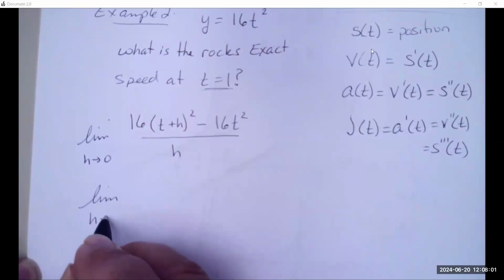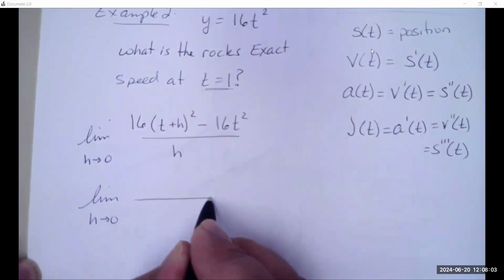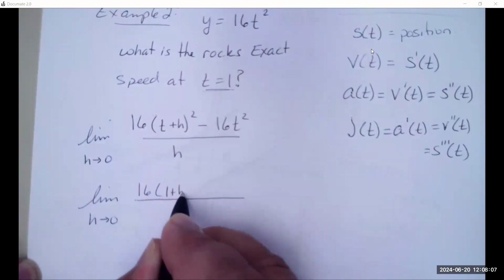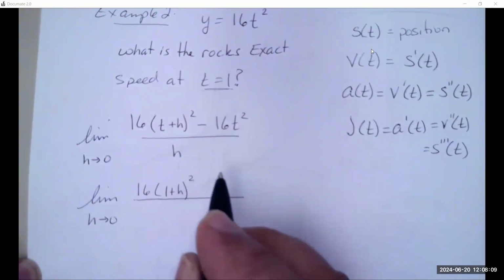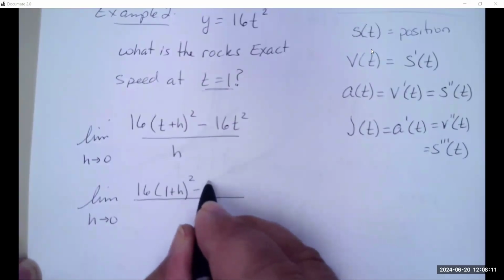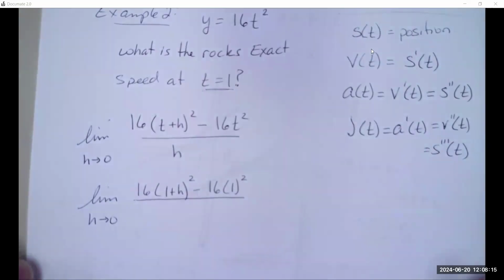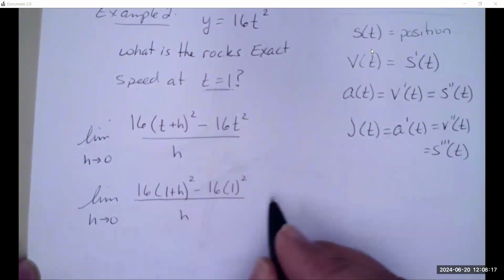The limit as h approaches 0 of 16 times (1 plus h) squared minus 16 times 1 squared, over h.